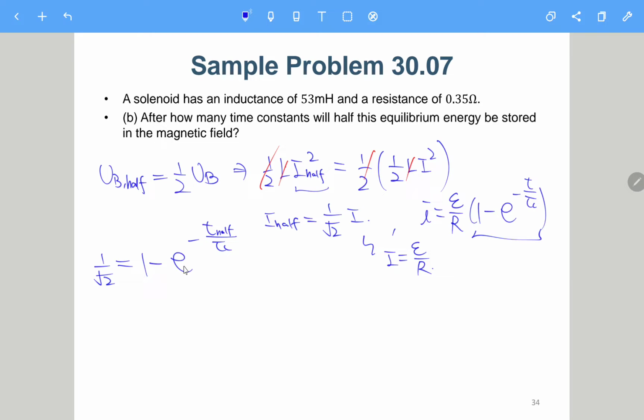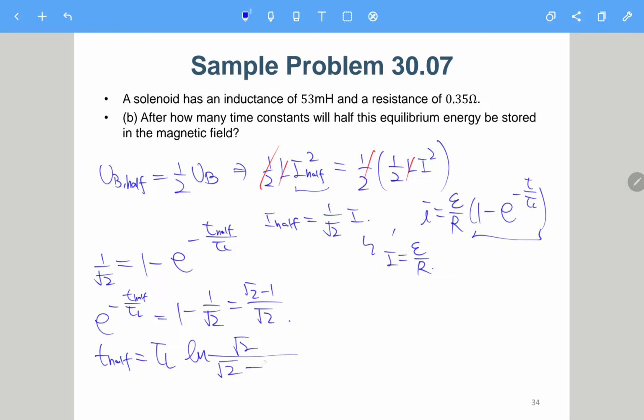So 1 over square root of 2 is 1 minus exponential of negative t_half over tau_L. Okay, so we can solve this algebraic equation. Similarly, we move the terms over: exponential of negative t_half over tau_L equals 1 minus 1 over square root of 2, which is square root of 2 minus 1 over square root of 2.